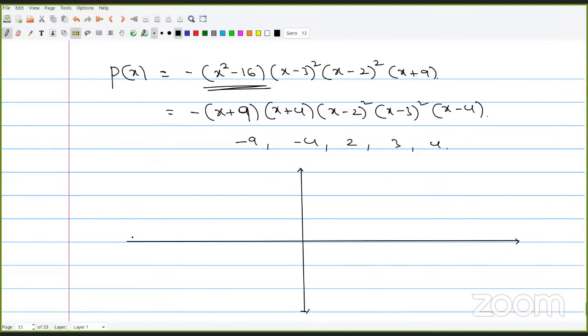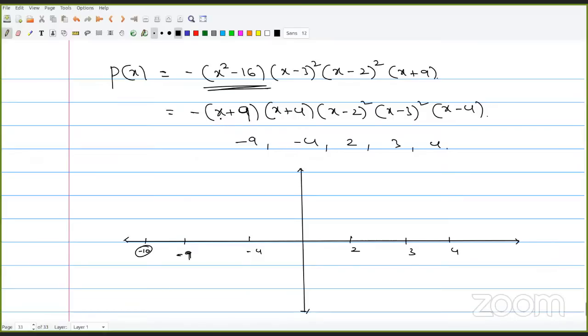When you have factors and multiplicities, I'll just plot the roots on the number line on the x-axis, and I will take the leftmost root, minus 9. Before that I will take one random number, let's say minus 10, and check its sign by putting it in the polynomial.